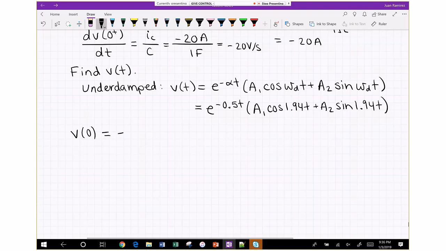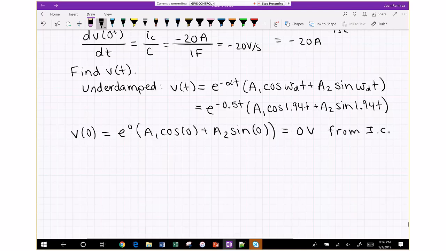Okay, so that'll give us e to the 0, A1 cosine of 0, plus A2 sine of 0. And that's equal to, the initial condition was 0 volts. So we can solve for A1, and we find out that A1 is equal to 0.